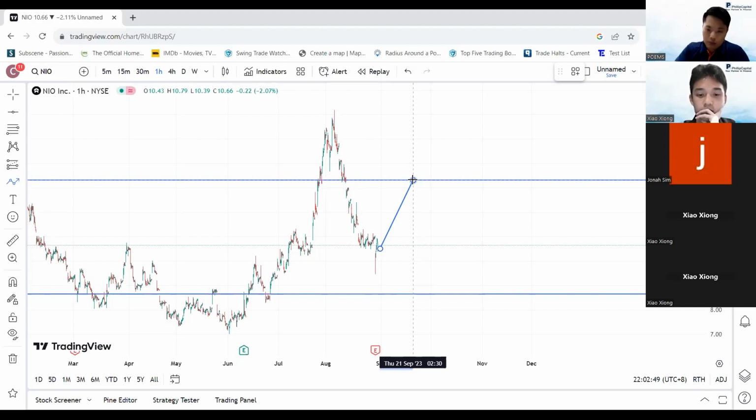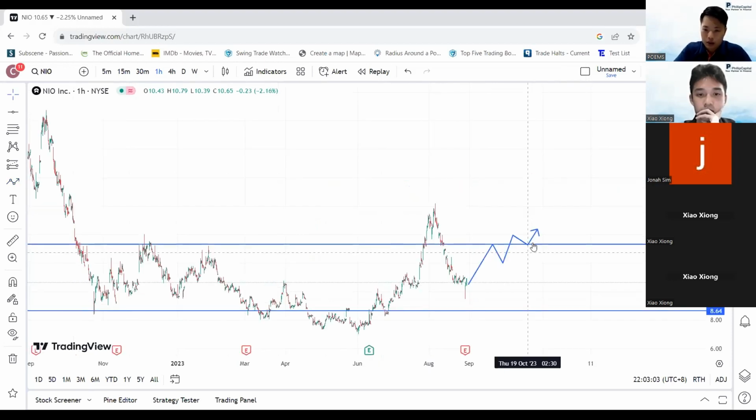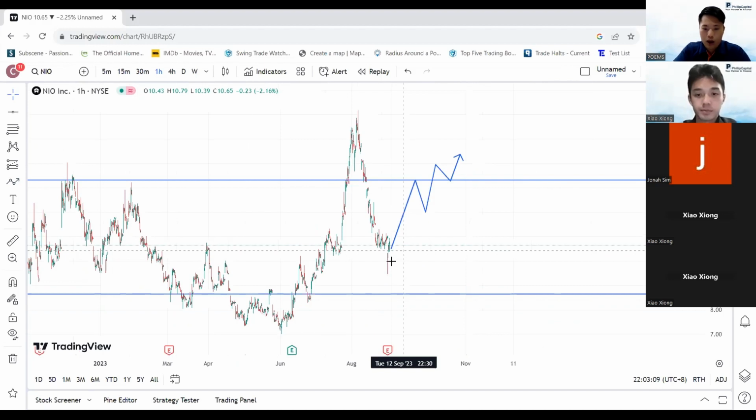Same thing, if price were to tap and it rejects, now if it can break above and retest, I personally would like to see this movement before I can determine whether this is going to be an upward movement and continue upwards. Else, as of where it is sitting now, generally I'm not very optimistic about this particular counter.